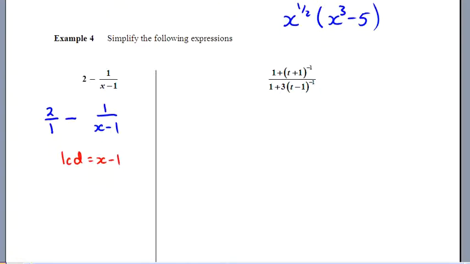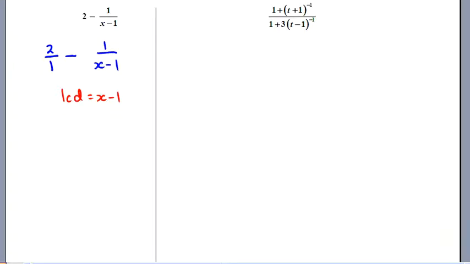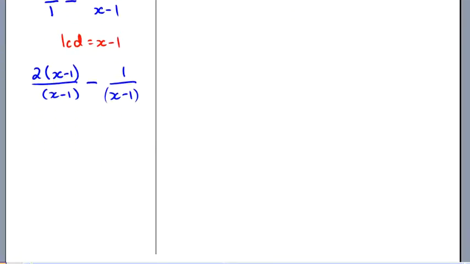So I have to head to that for my denominator. No problem. You can do a little multiplying here. This is going to be 2 times x minus 1 all on top of an x minus 1. There's your 2. And then subtract 1 all on top of x minus 1. Okay, putting fractions together, we're going to leave the denominator but work with the numerators.